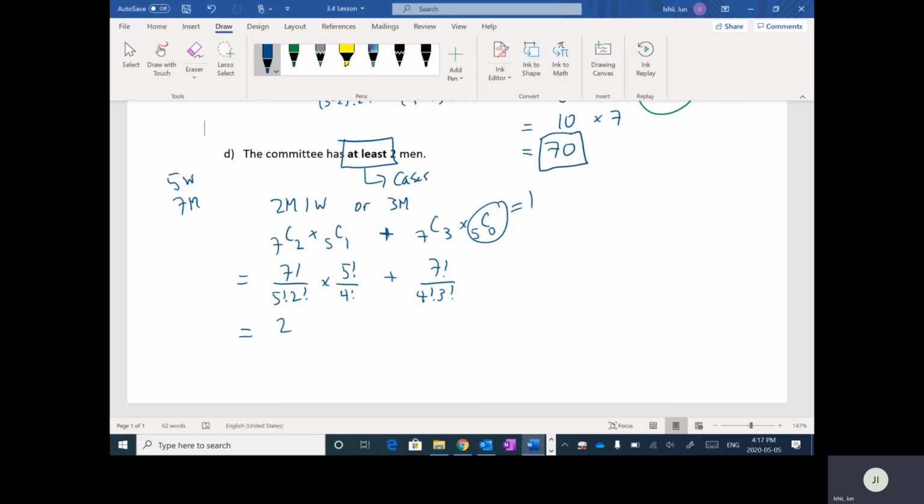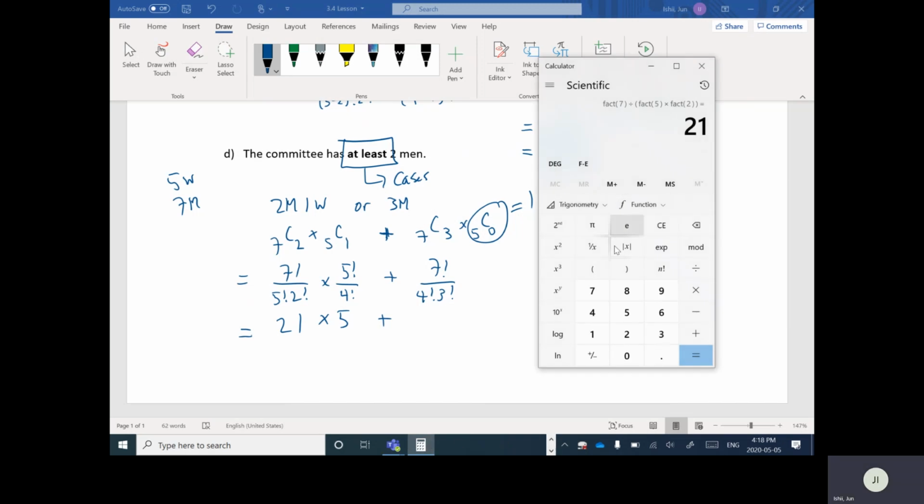All right, so 21 times 5 factorial divided by 4 factorial, which is just equal to 5. Plus, all right, 7 factorial divided by 4 factorial divided by 3 factorial equals 1.